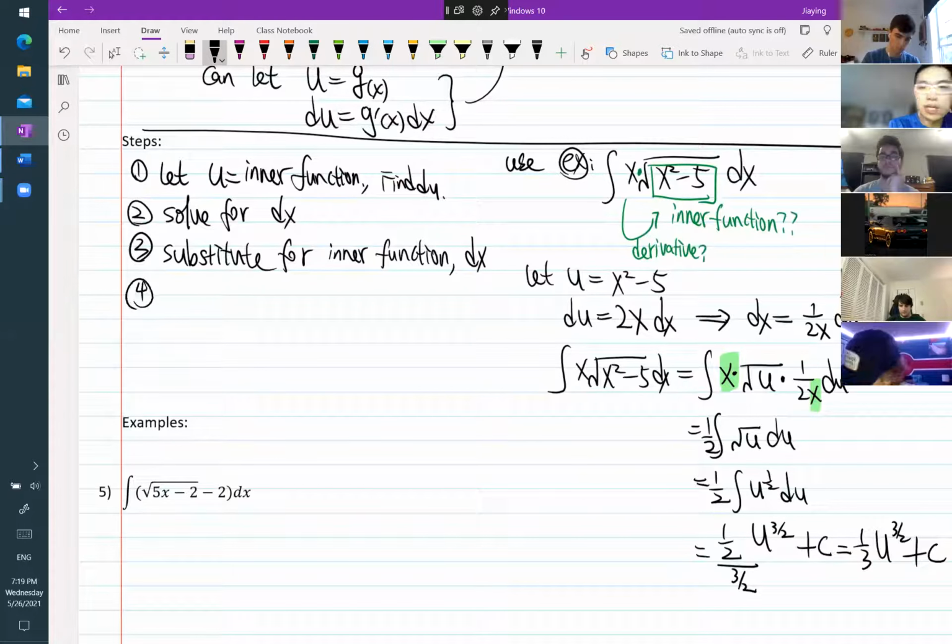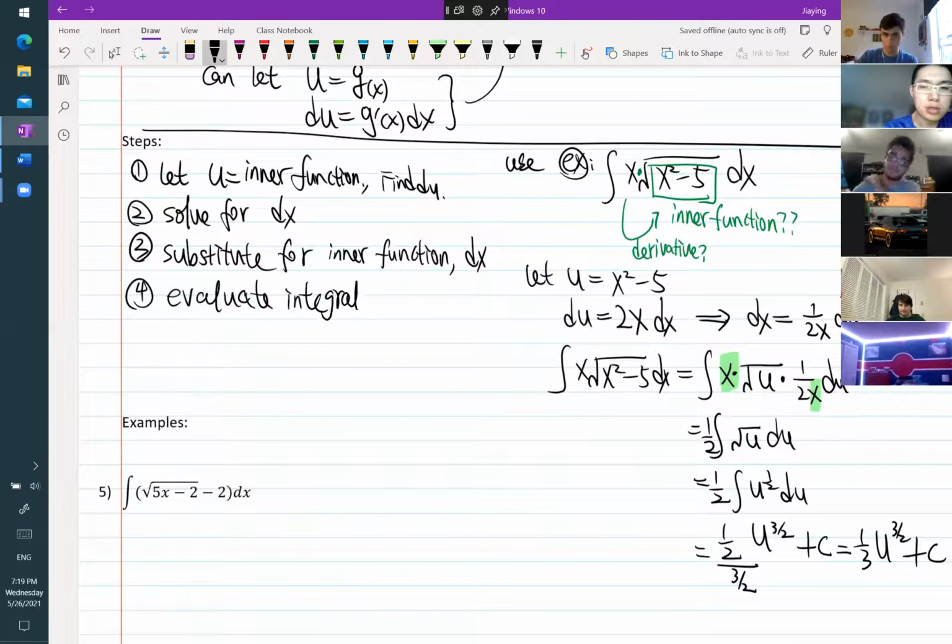So step 4, I didn't write down the step. We just integrate, so evaluate the integral. That's what I did from here to here, just integrating that function, square root of u du.